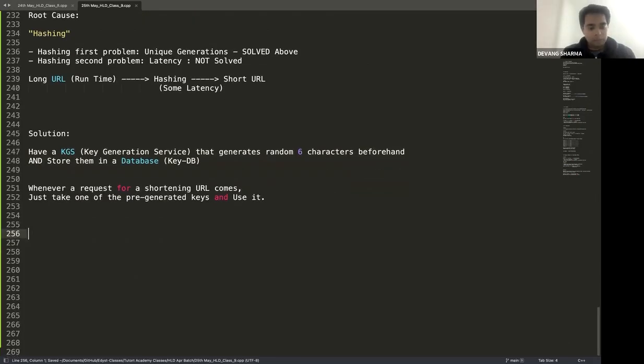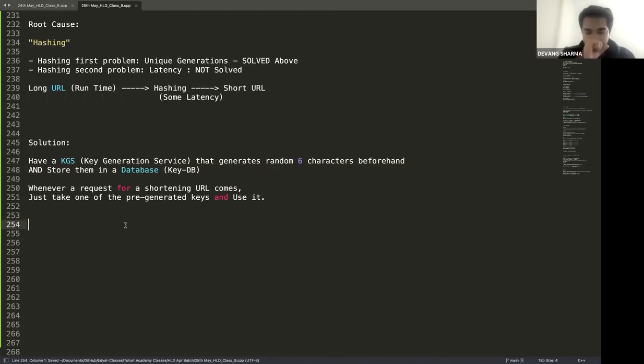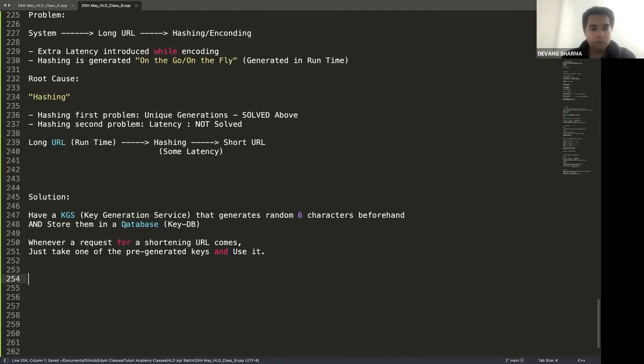Think of a simple example if you want to understand in real life: ordering something with Flipkart versus ordering something with Blinkit. If you order from Flipkart, they need to find it, they need to fetch it, which will give you 2 to 3 days on delivery.